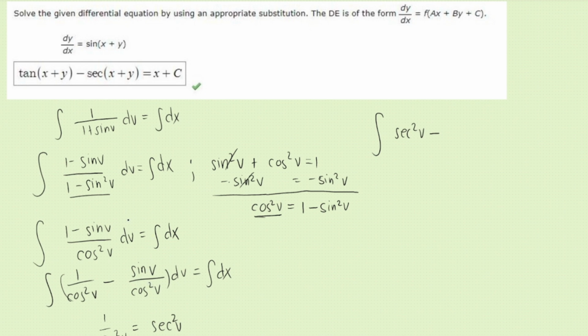we still need to look for some patterns where we can integrate these easily. So we want this to be like cosine of v here, cosine of v here.